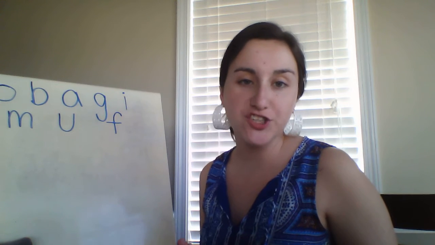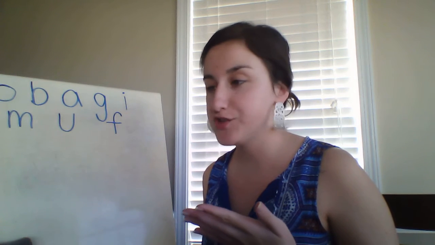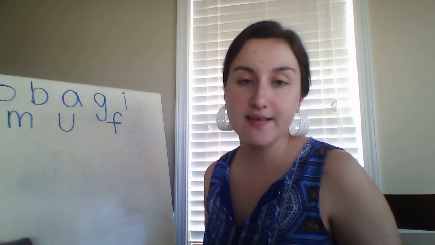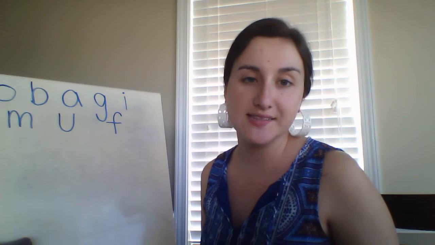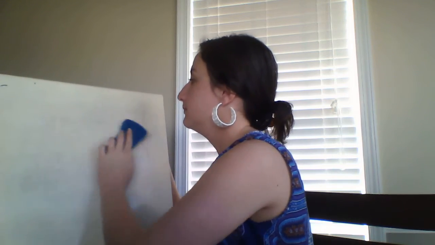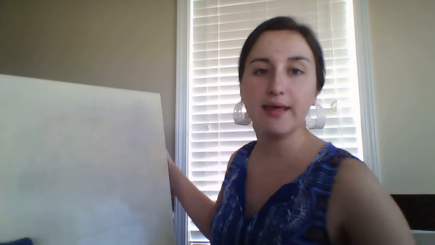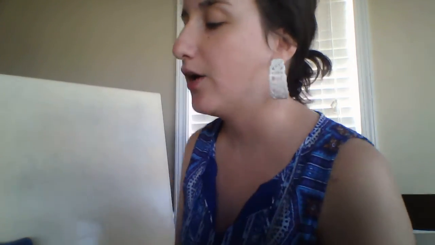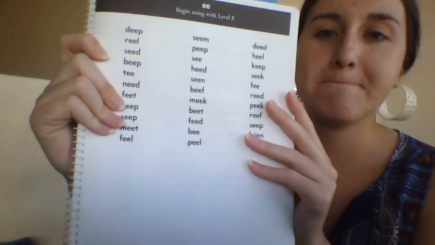So the next portion of the lesson is going to be read words, and this will give each learner a chance to practice reading words. The words that I am going to use today are words that have the double E. We know that that makes the E sound, and this is just going to help us practice with that.